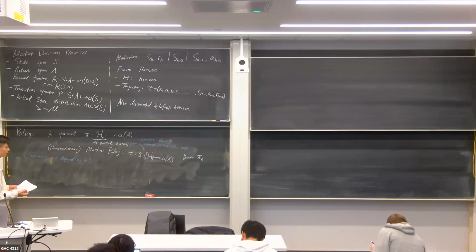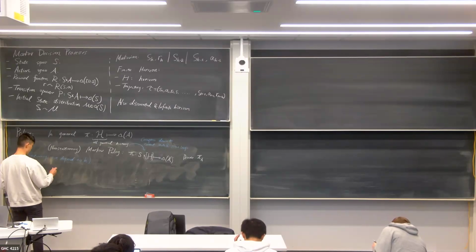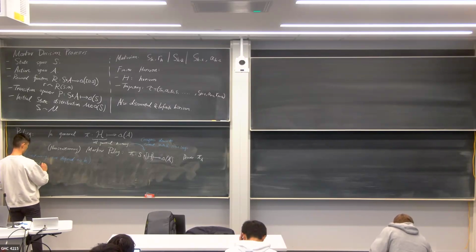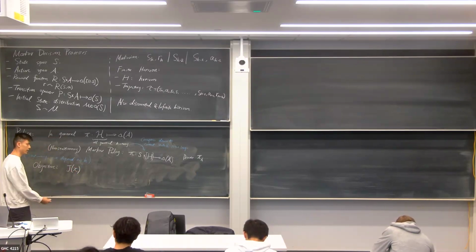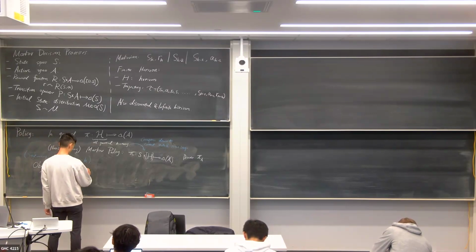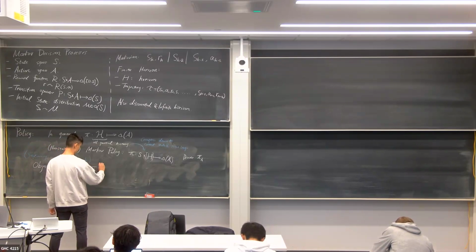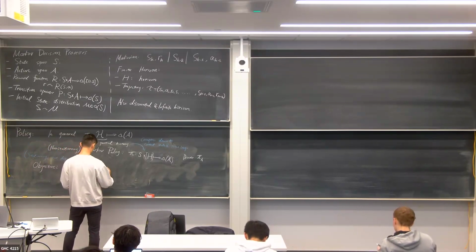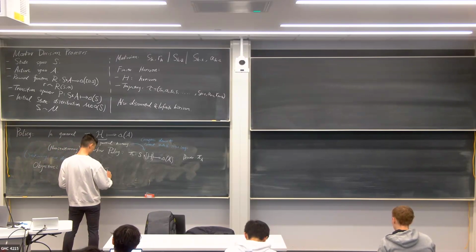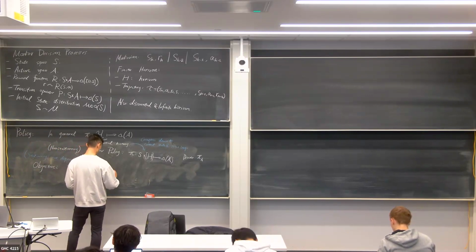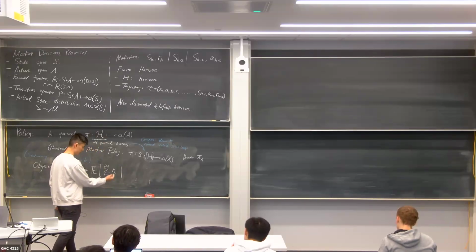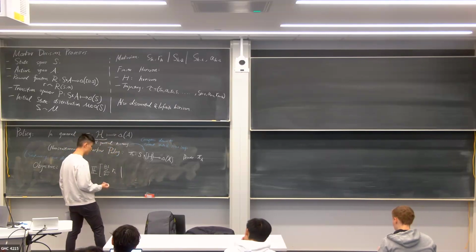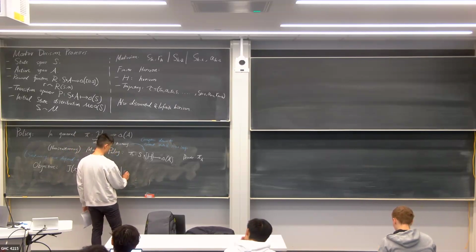So the objective we care about, maybe it's obvious to you, is the total reward. If I have a policy, maybe it's Markov, maybe it's not, I care about the sum of the reward. And importantly, I want to explicitly acknowledge that the set of decisions is generated by the policy pi.